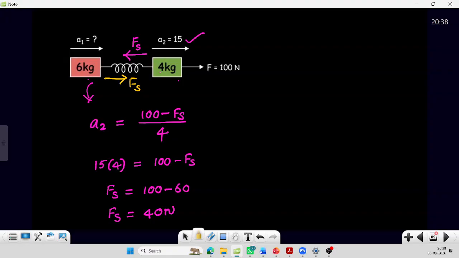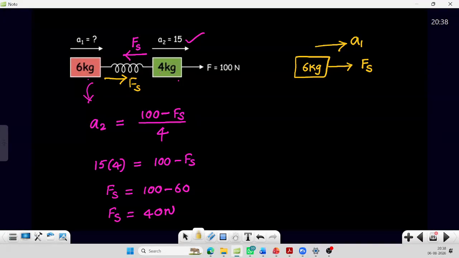Now, what are the forces acting on the 6 kg block? The force acting is Fs. And what are the other forces acting on the 6 kg block? Mg in the downward direction, which does not affect this acceleration. So there is no other force acting.